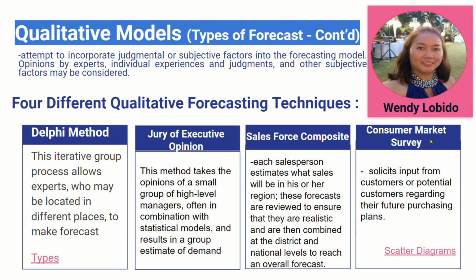And the fourth technique is the consumer market survey. It solicits input from customers or potential consumers regarding their future purchasing plans. It can help not only in preparing a forecast, but also in improving product design and planning for new products.